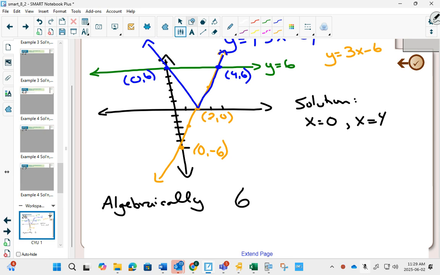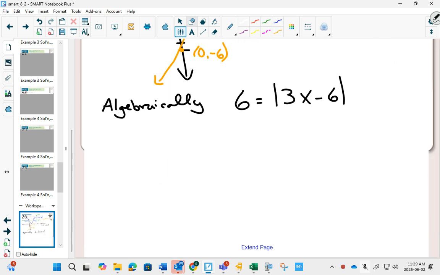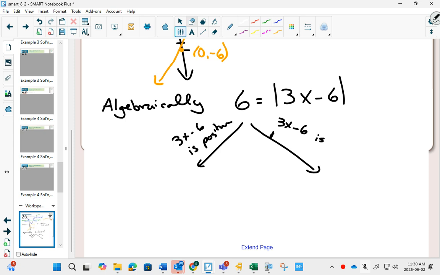So we had 6 equal to the absolute value of 3x minus 6. And with the absolute value, if you think about the piecewise functions that we had, there's always 2 pieces to it. And each piece might have different solutions. So we have the one piece where the 3x minus 6 is positive, and we have another piece where the 3x minus 6 is negative.